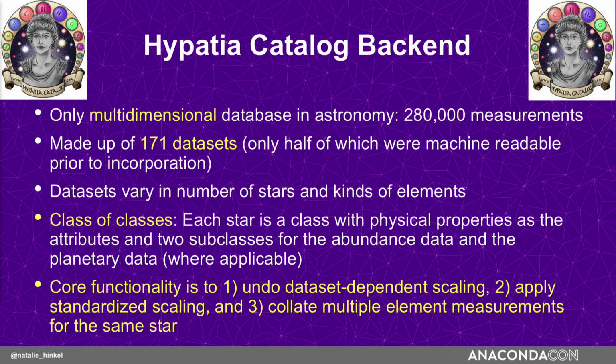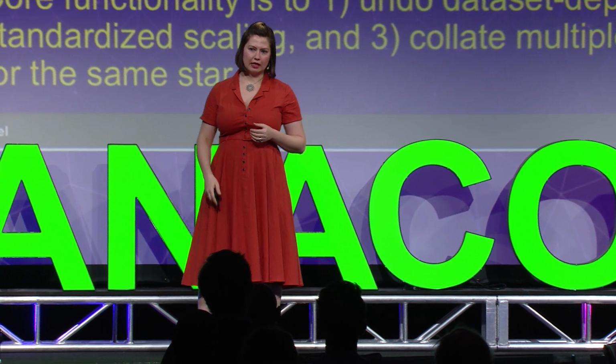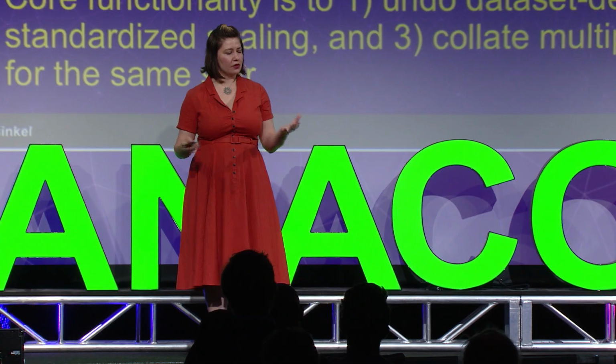But all these data sets are different. In fact, the way that I think about them is that they're their own unique beasts. They have different elements, different stars, different ways that they measured the elements within their data sets. So the way that I incorporate them is I set up a class structure such that each star is a class where I tack on the physical properties, because these properties are super important for astronomers.